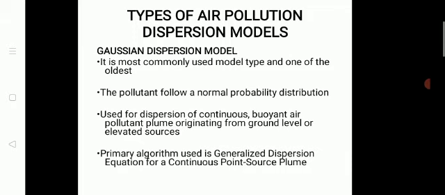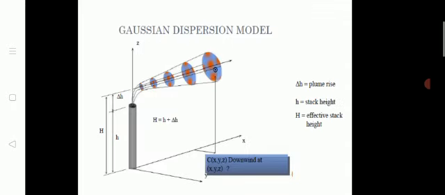It is used for dispersion of continuous buoyant air pollutant plumes originating from ground level or elevated sources. The primary algorithm used is the generalized dispersion equation for a continuous point source. This picture represents the Gaussian dispersion model, which shows delta H plume rise, small h stack height and capital H effective stack height, which were discussed in video number 4.